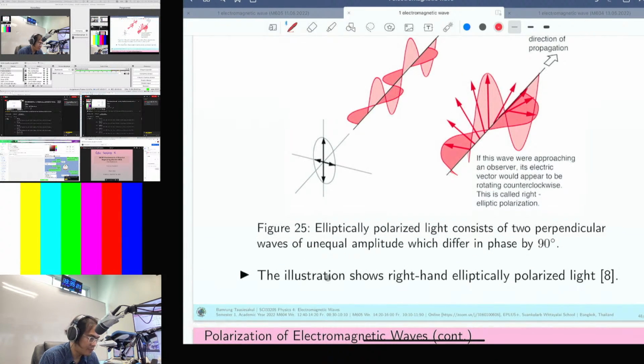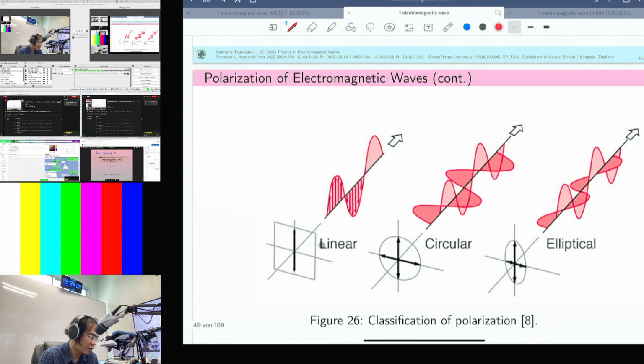is in this figure. So in conclusion, we have linear polarization like this. The oscillation of the E field is only in the vertical line, but for the circular polarization, we have oscillation in both y-axis and x-axis, and the magnitude of the horizontal plane is the same as the magnitude in the vertical plane.